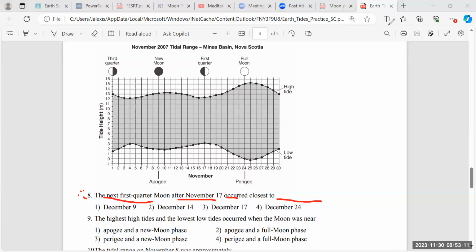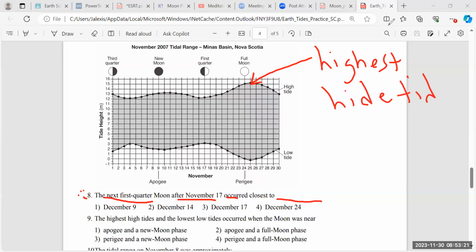I see the highest value would be right here. And the lowest low tide looks to be right here.